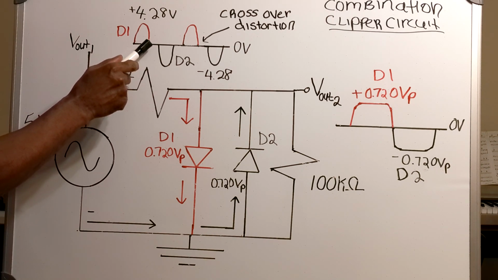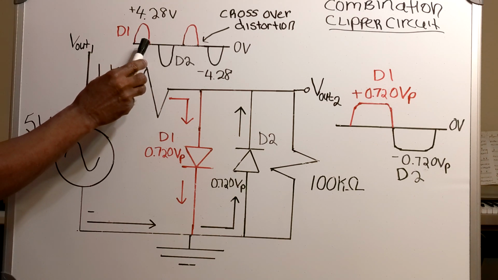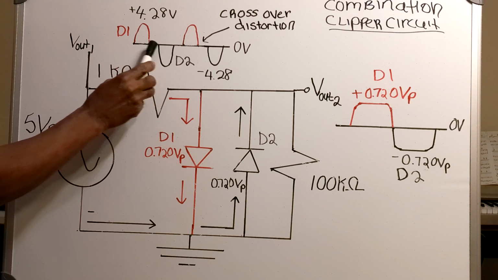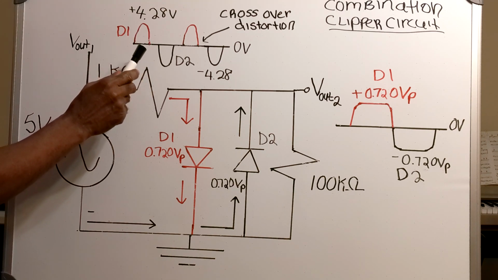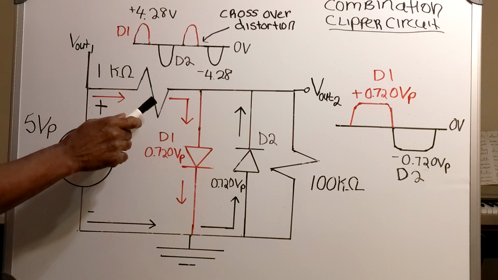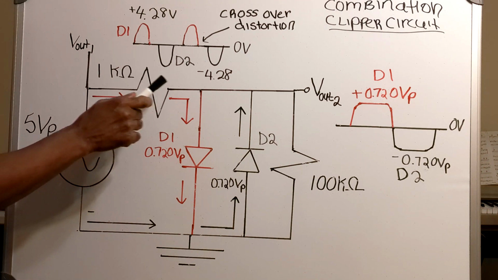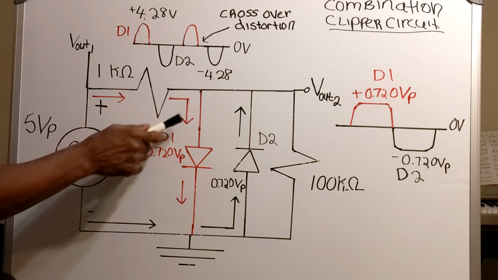Now at 0 volts, it goes into the crossover distortion right here. The crossover distortion is a result of the fact that it takes a while for the diode to conduct.